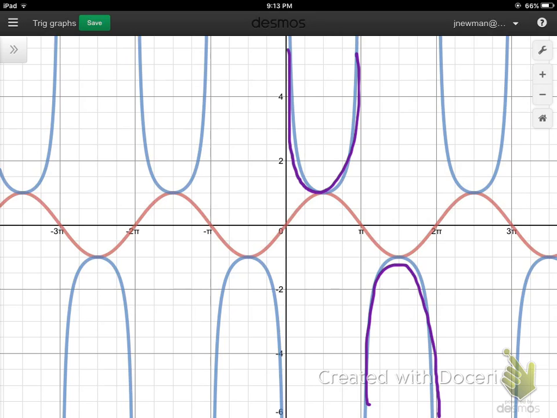I want you to notice that the period doesn't repeat itself when it does the bottom part. The full period of this function is actually 2π again, which happens to be the same as sine. So if you already know sine, which you should, then cosecant becomes really easy as long as you're referencing back to sine.